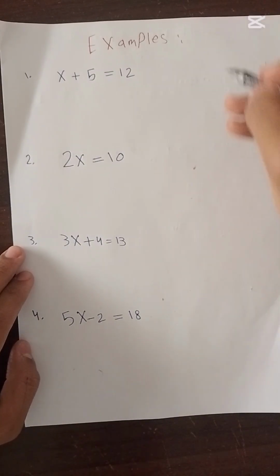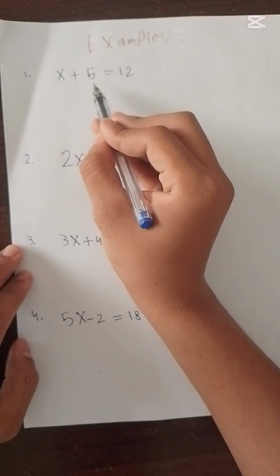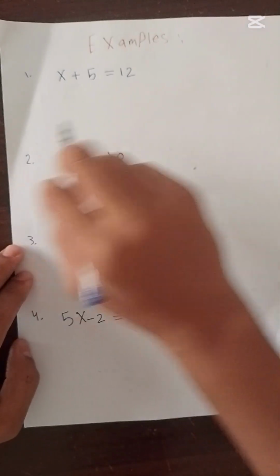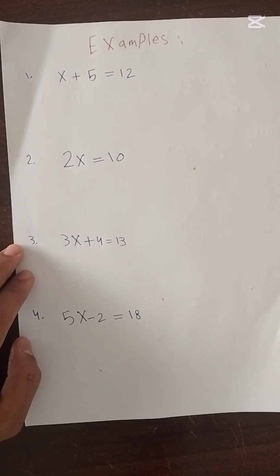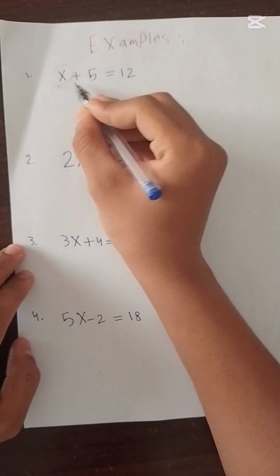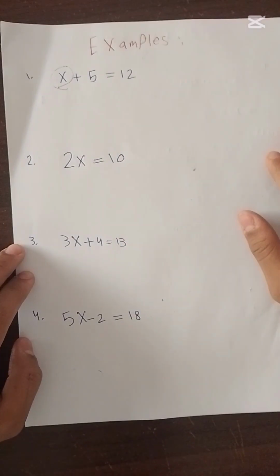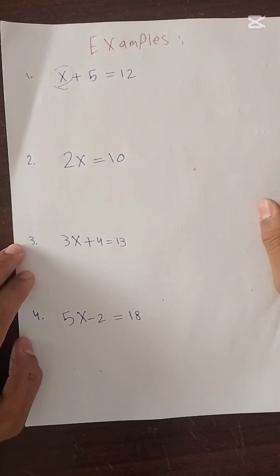We just said that we have to do the opposite operation of the constants. So x plus 5 equals 12. As we mentioned, we have to isolate the variable from the constants, x on one side and 5 on the other side.